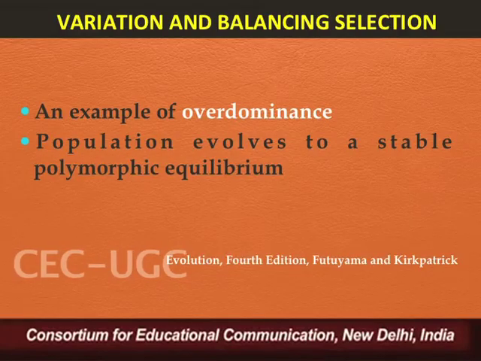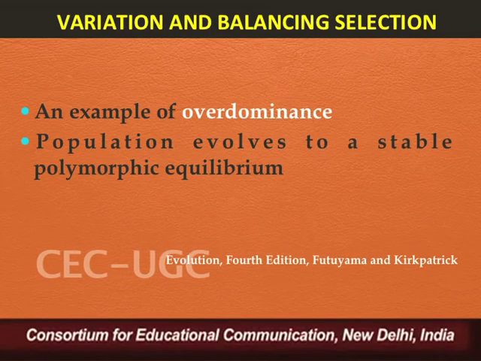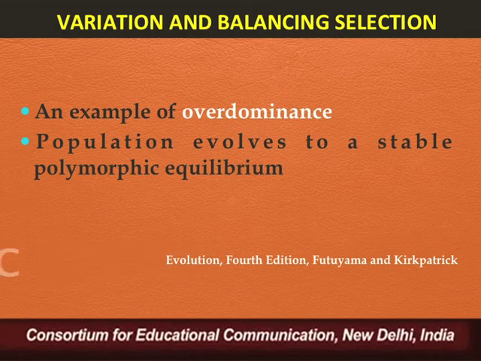So we have a population which tends to have more and more types of allele at a particular locus. Also, multiple niche polymorphism, where different genotypes specialize on different ecological niches, also leads to balancing selection and evolution of polymorphic equilibrium.